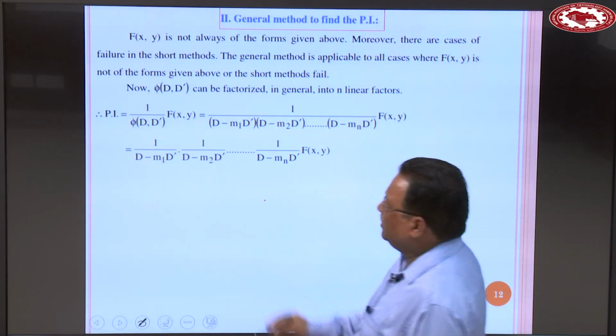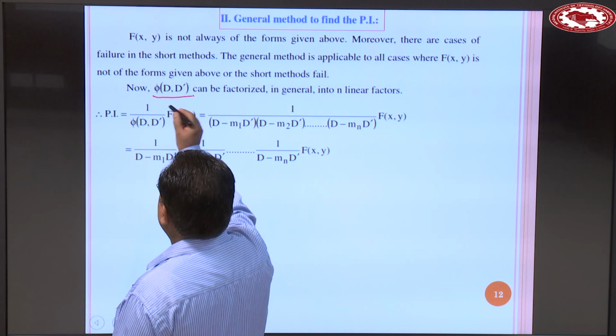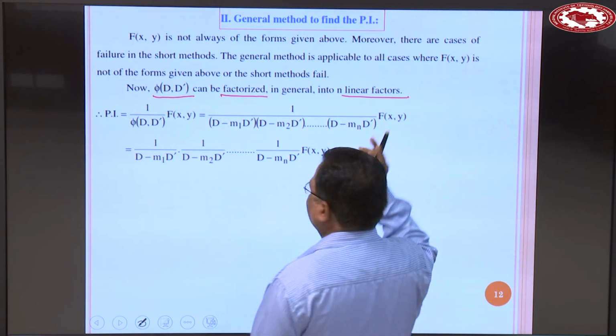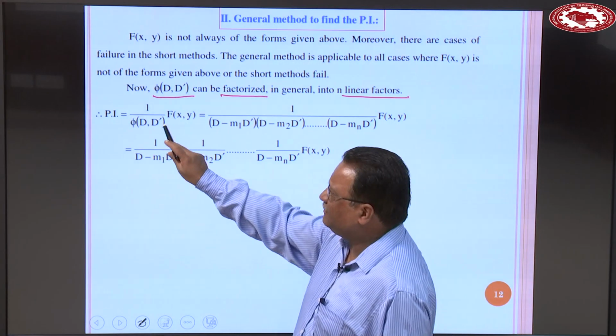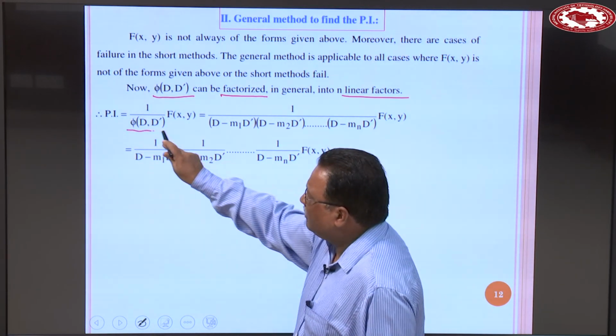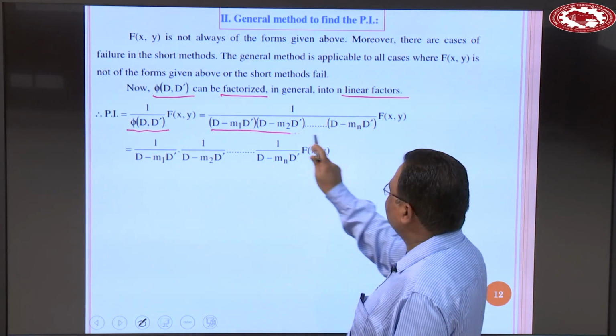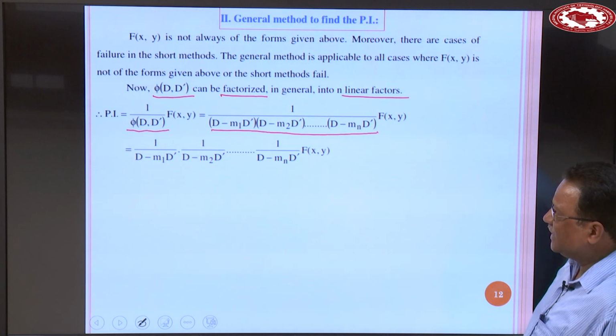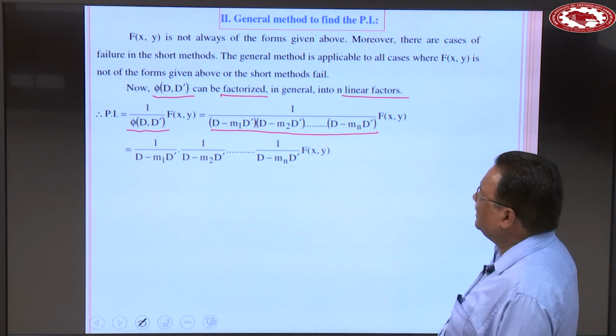Phi D D dash can be factorized in general into linear factors. The particular integral can be written as 1 over phi D D dash f(x,y), so factorize the denominator in this way. Phi D D dash can be factorized into n linear factors.